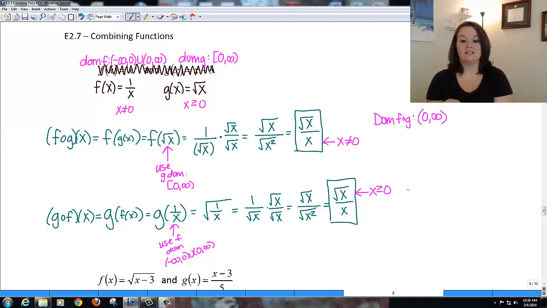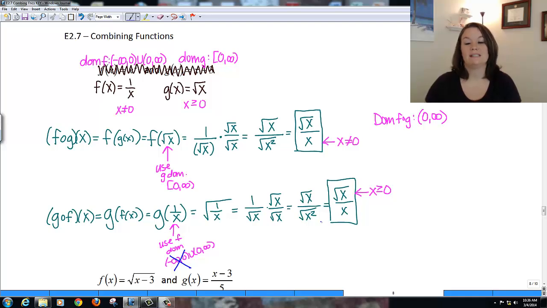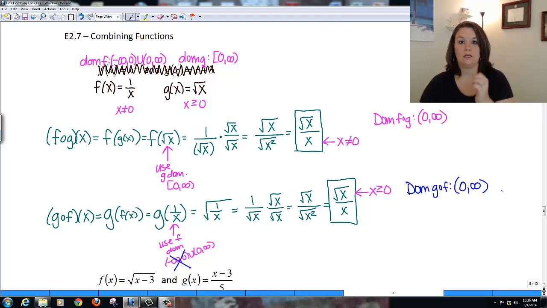That cuts off this whole last piece of my domain over here. I can't use that part because I can't plug negatives into the top, which means that my domain of g composed of f is now going to be 0 to infinity. It can't be 0 from the denominator, so I can't use a bracket on the 0, and it has to be strictly positive, so from 0 I'm going out to positive infinity.